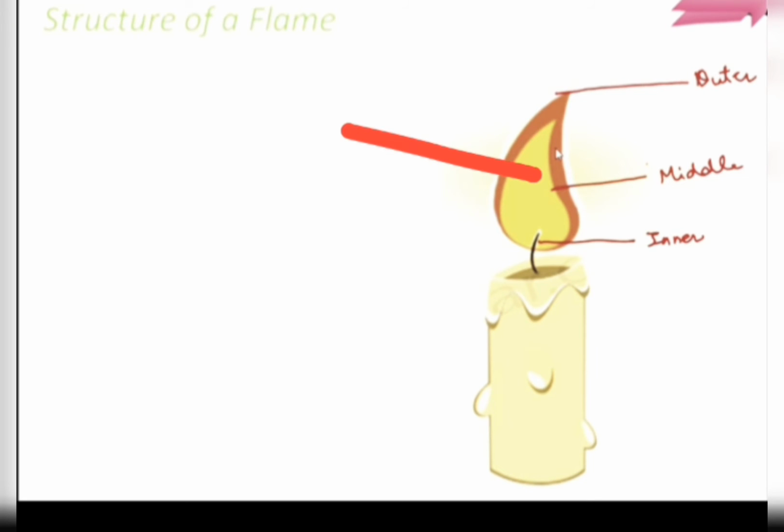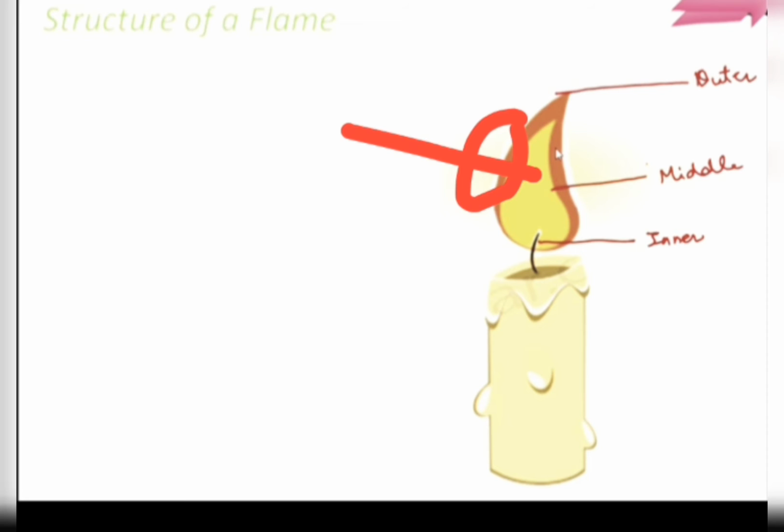Keep it in this way for some time, and after that observe what happens to the wire. You will see that the part which is in the outer zone, this part, is maximum hot. That means it becomes red hot.